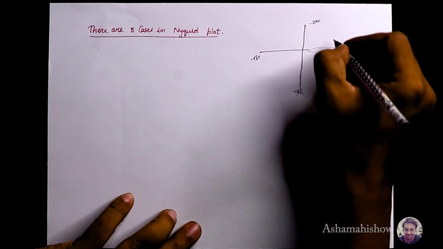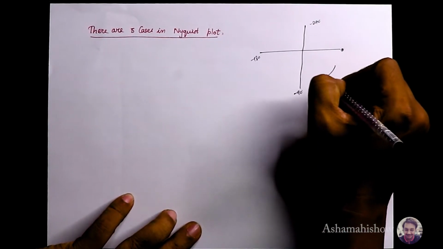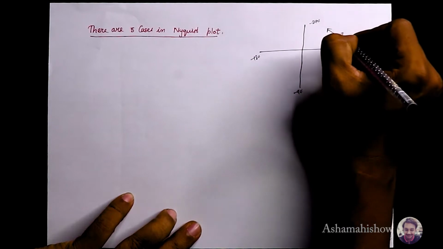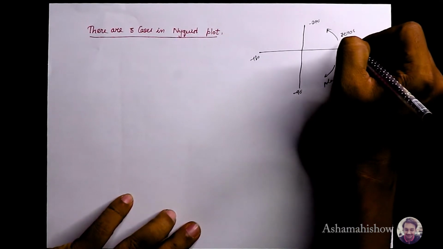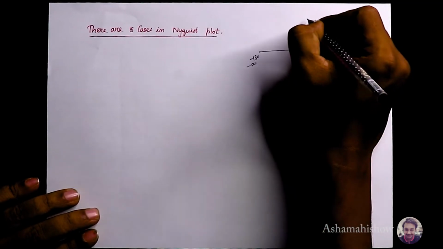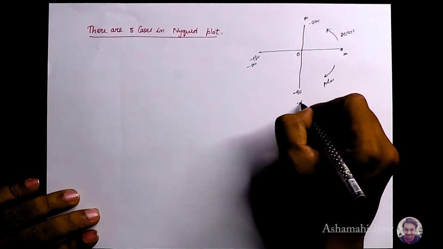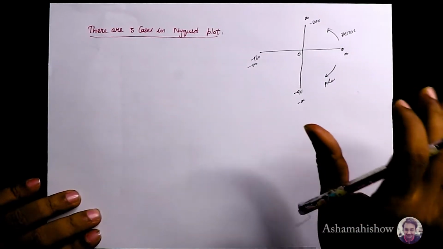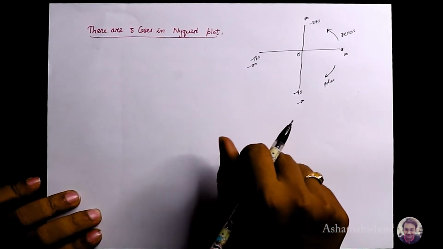Here your poles are taken clockwise, your zeros are taken anti-clockwise. This is 0, this is infinity, this is minus infinity. This is a normal outline which we use for drawing polar plots and Nyquist plots also.